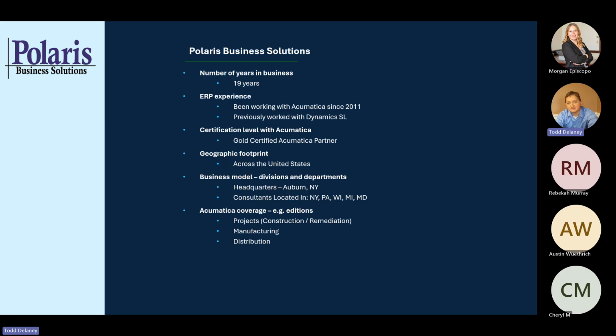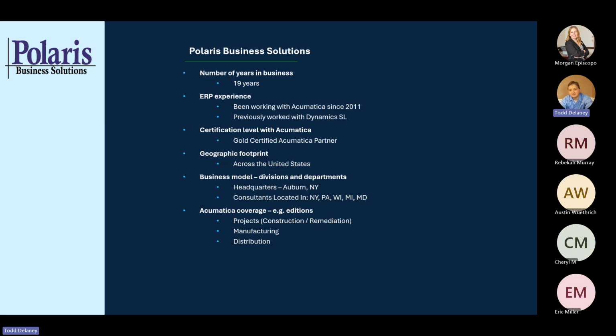We're a gold level certified partner with Acumatica, and we have clients across the U.S. We're headquartered in Auburn, New York, in upstate New York and the Finger Lakes region. We've got consultants in several different states. And our primary area of expertise is project-related companies, but we also, of course, do manufacturing and distribution as well. So that's a little bit about us.